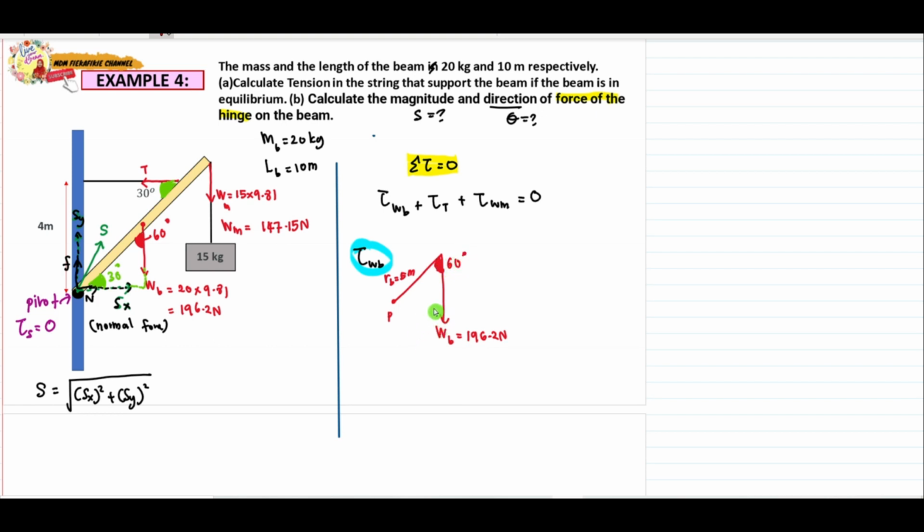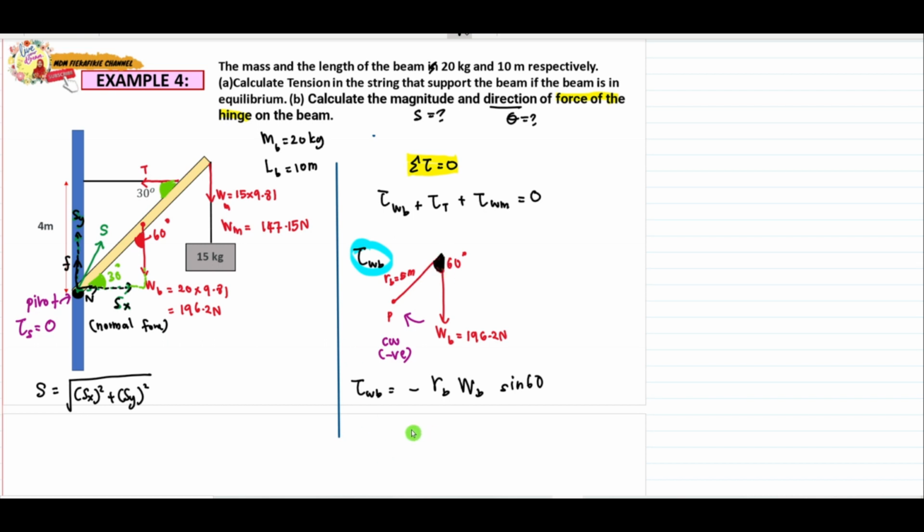Okay, so clockwise ke anti-clockwise ni? Obviously, dia adalah clockwise direction, so dia adalah negative value. Okay, so kita boleh terus tulis torque due to the weight of the beam should be negative RB times WB sin 60 degree. So the angle between RB and WB is 60 degree.